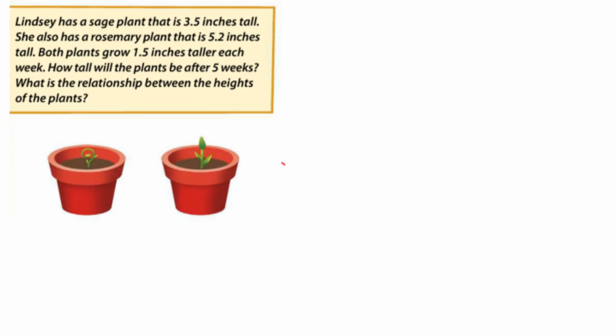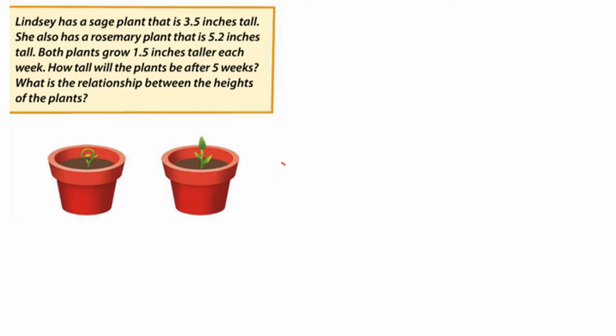Lindsay has a sage plant that's 3.5 inches tall. She also has a rosemary plant, which is 5.2 inches tall. So Lindsay has two plants here, a sage plant and a rosemary plant. The sage plant is 3.5 inches tall, and the rosemary plant is 5.2 inches tall.